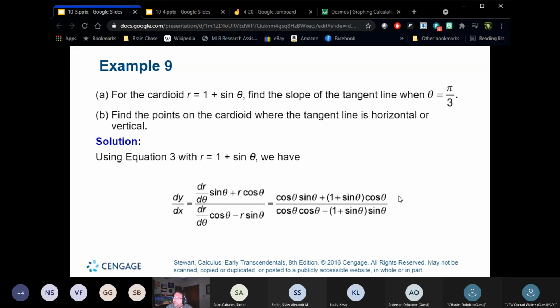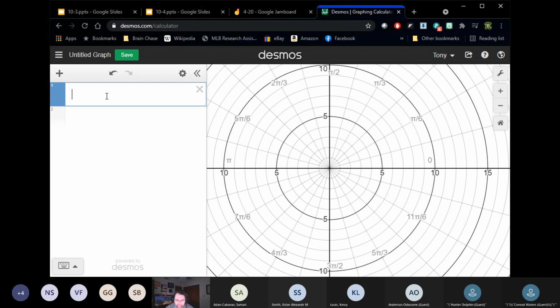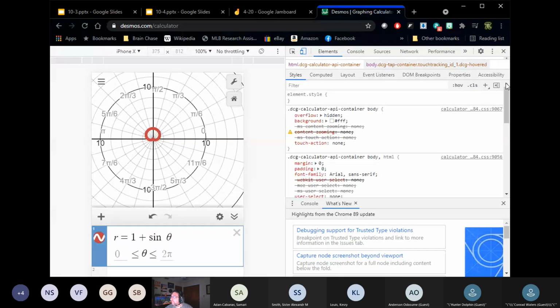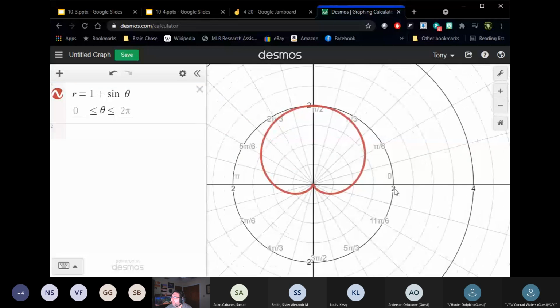All right, so let's look at our cardioid again. Let's actually regraph this one. So we have r equals 1 plus sine theta. So here's my cardioid.